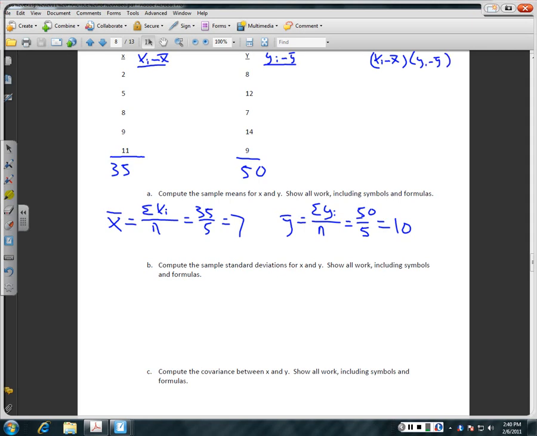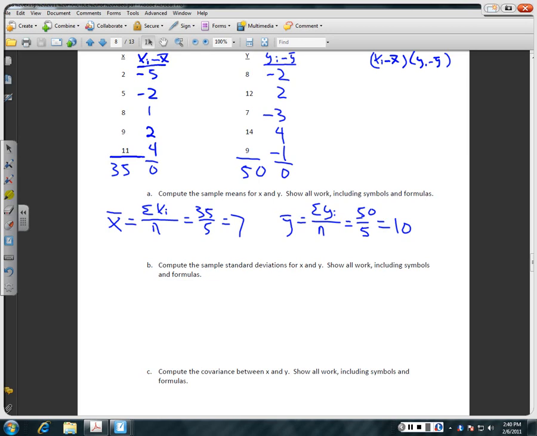So for the x's, I'm going to subtract 7 from each value and verify that does calculate to be 0. And for the y's, I'm going to subtract 10 from each value. And that also adds to 0.